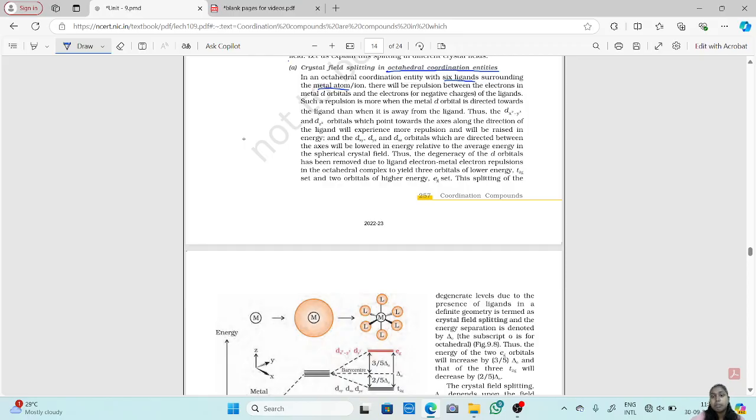There will be repulsion between the electrons in the metal d orbitals and the electrons or negative charges of the ligands. So there is a repulsion.